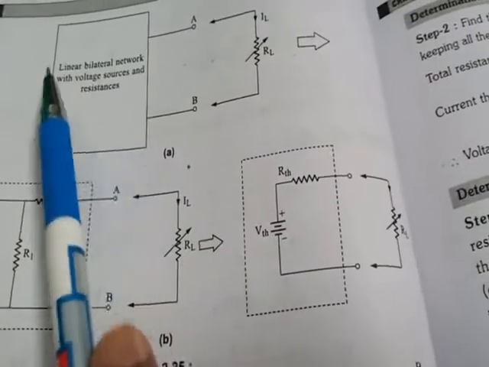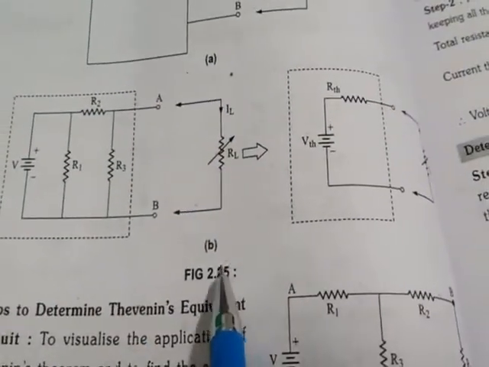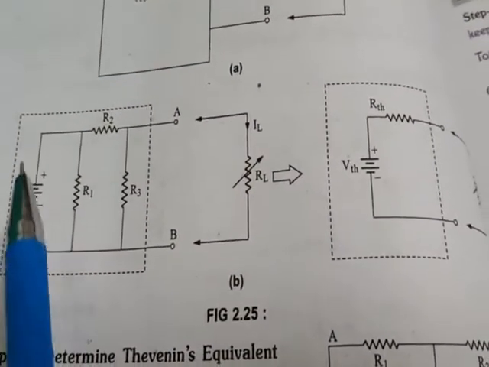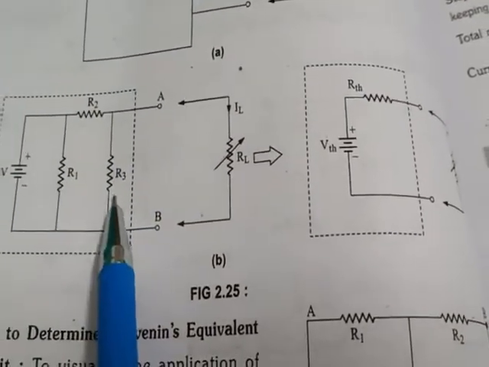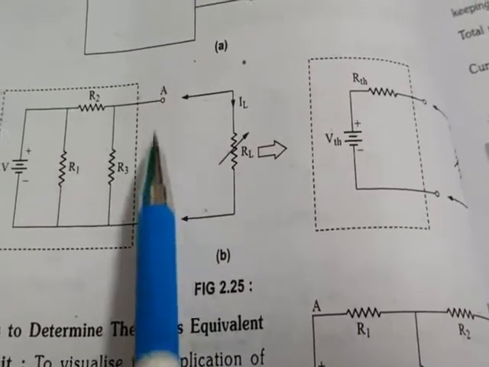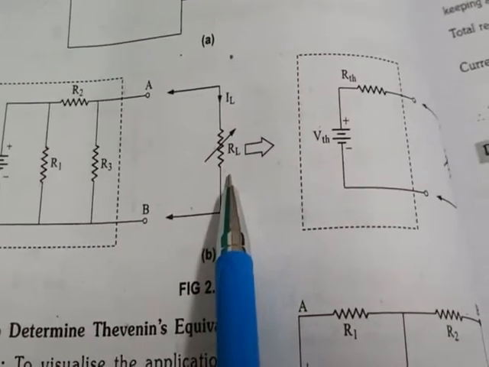Now we will see what this network is. In this figure B you can see a network having voltage source V, resistances R1, R2, R3, and these two terminals A and B where the load resistance is connected.